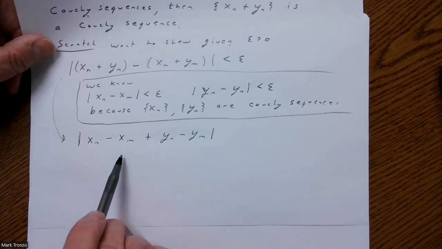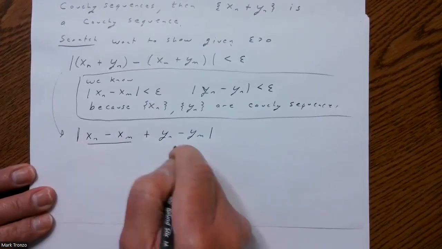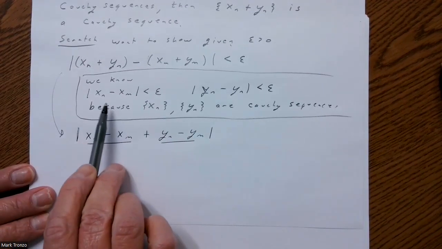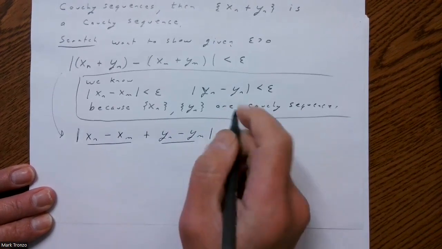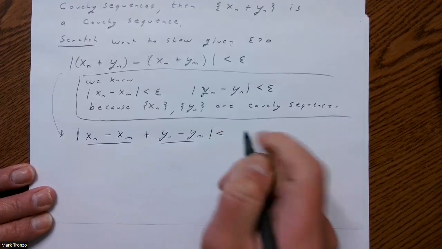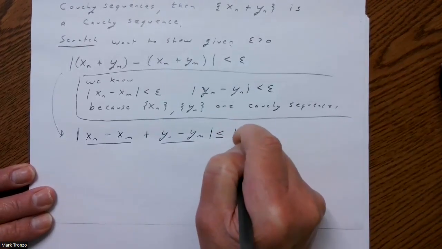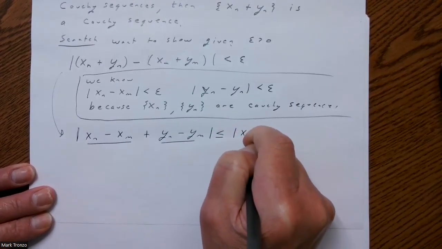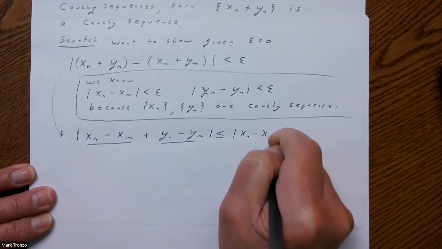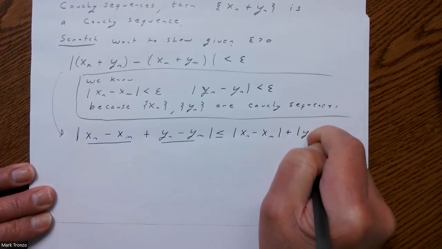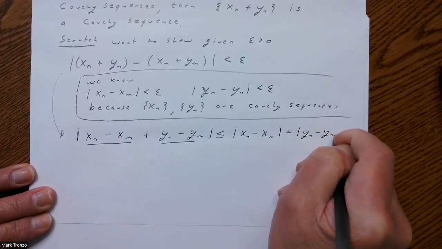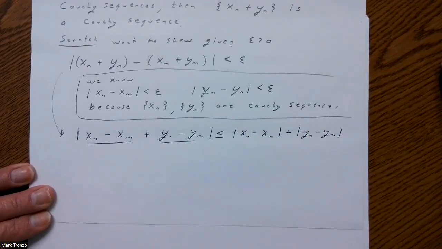We can say here that we have this and this. Again, keep in mind what we're trying to use: we want to use this stuff here. This is less than or equal to |xn minus xm| plus |yn minus ym|.